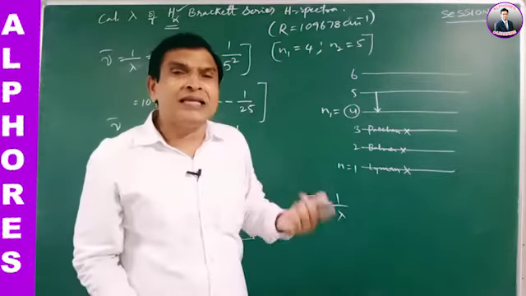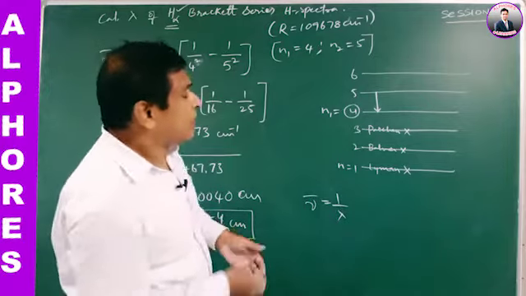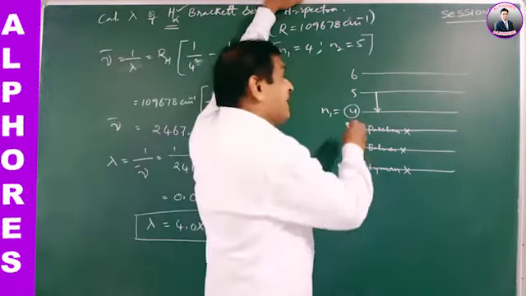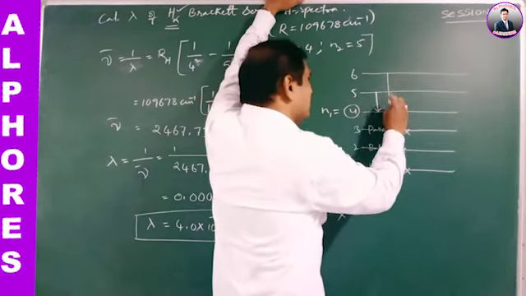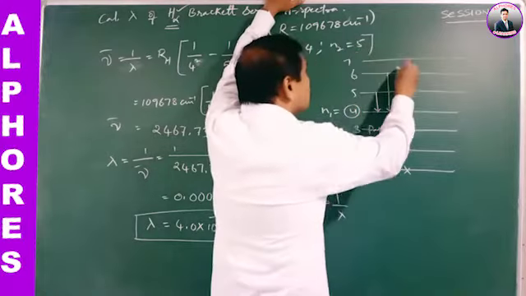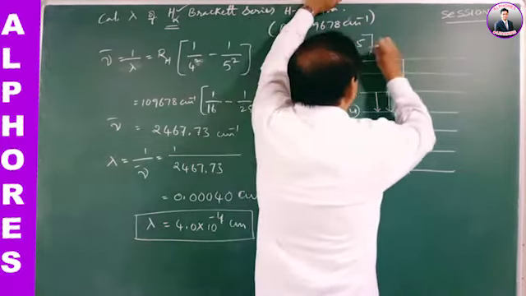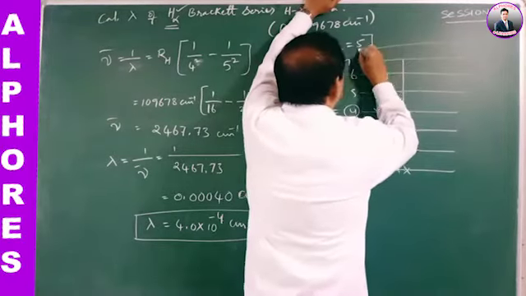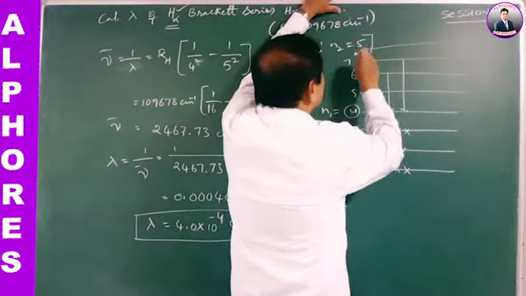From where is the electron coming? Alpha means what? The electron may come from 5th to 4th, 6th to 4th, even from 7th to 4th, and even from 8th to 4th orbit.